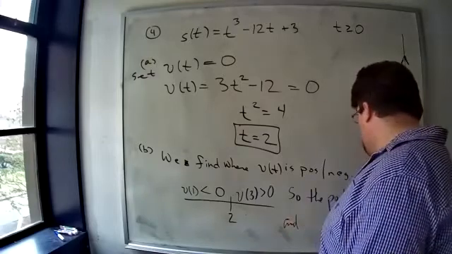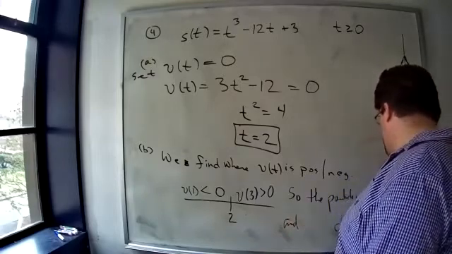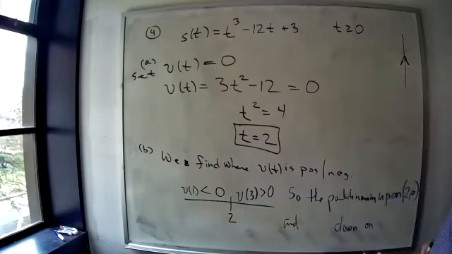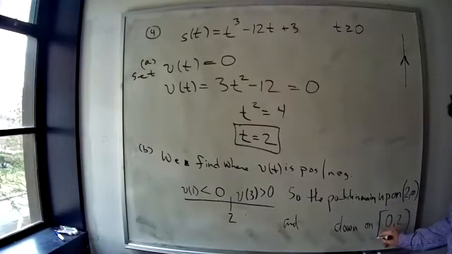And the particle is moving down on what? Well, notice we have a domain restriction here, so we only need 0 to 2. At 2, we already discussed it's not moving at all. Velocity is 0. What about at 0? Do we include 0? Here we do include 0.